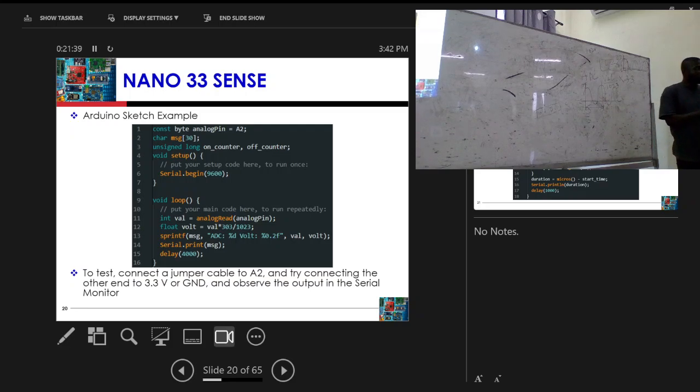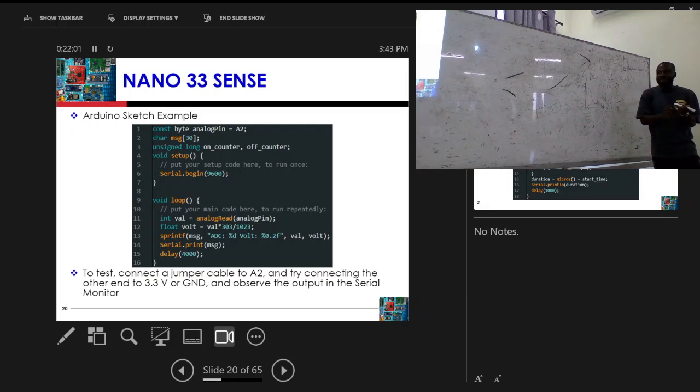But how many points can I sample from this signal? The highest is 1023 points. So I can sample from here, sample from here. The range is from 0 to 1023 points that I can sample from. That's simple like that.